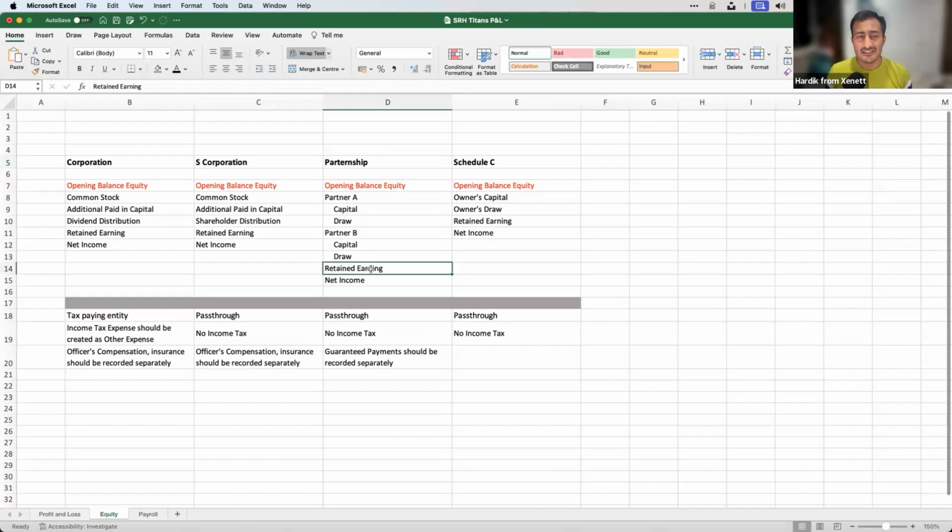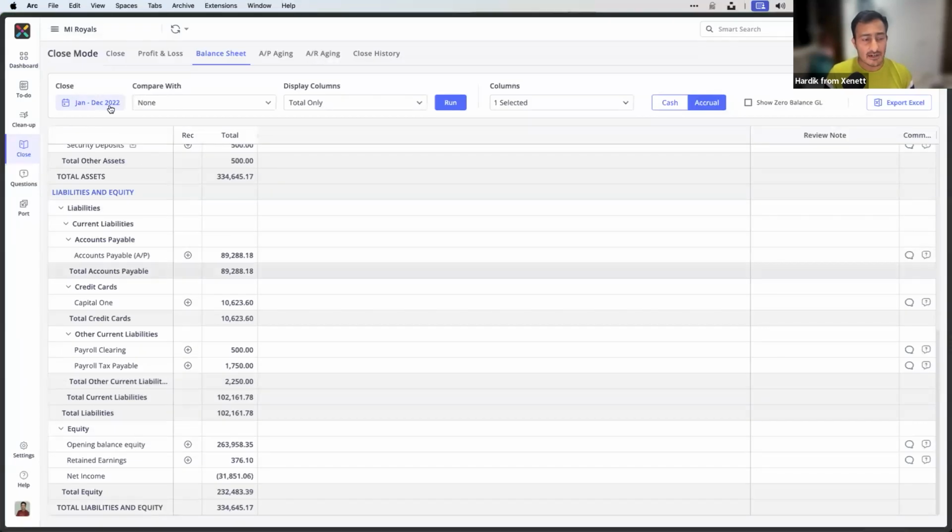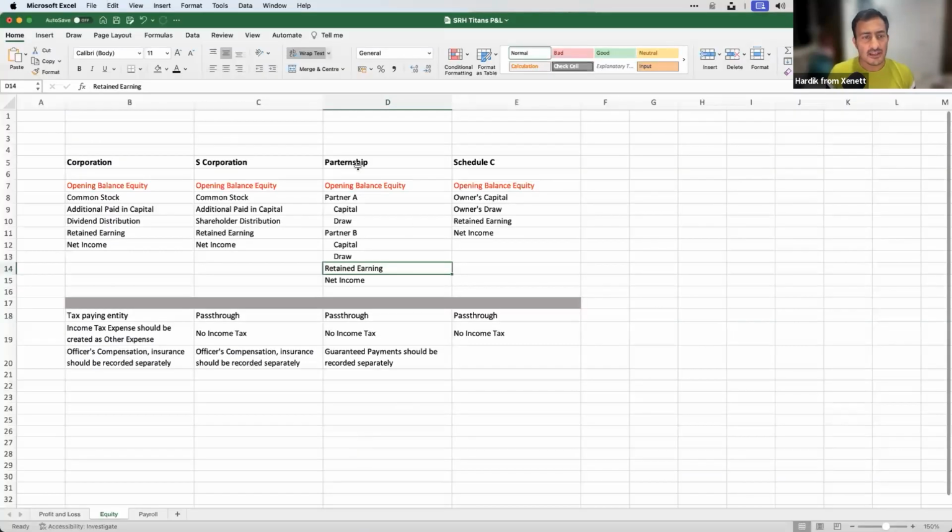Whatever profits or losses they're making eventually get transferred to partner A and partner B. When I say it gets transferred, imagine we are looking at the balance sheet for January 2023. I would not expect any retained earnings, because we make an adjustment where we nullify the retained earnings account and pass it on to the different partners' capital accounts. All right, so this is the thing with the partnership.